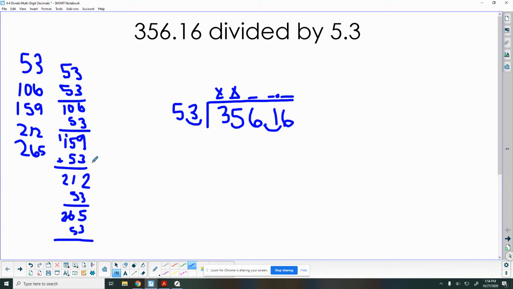I know this is annoying to do this work, but once I have this done, I'm not having to play guess and check anymore. I can just do the work. So here's 318.